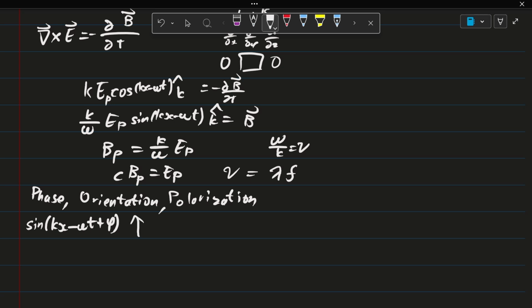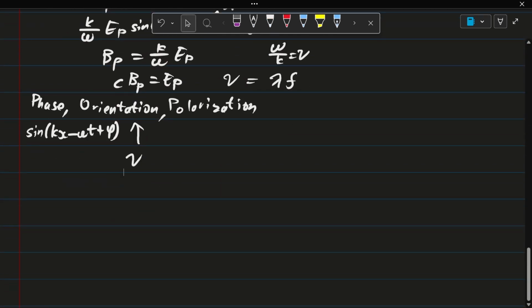Orientation determines where this electromagnetic wave is going. Is it going in one direction? Is it going in the other direction? So this is similar to our v. And it turns out that we can determine the propagation of the wave using the electric field and the magnetic field.